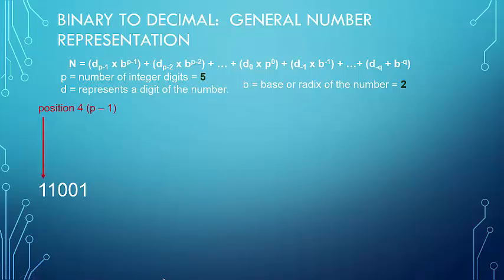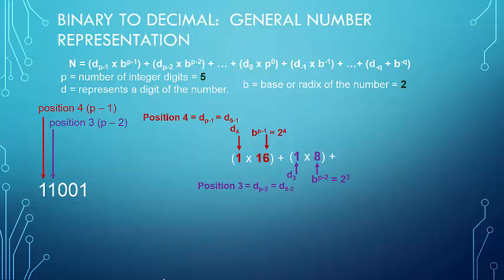Position 4, or the P minus 1 position, has a 1, and so that 1 is multiplied by the base, which in this case is 2, raised to the 4th power because we are in position 4. Similarly, the position 3 bit, or the P minus 2 bit, is also a 1.